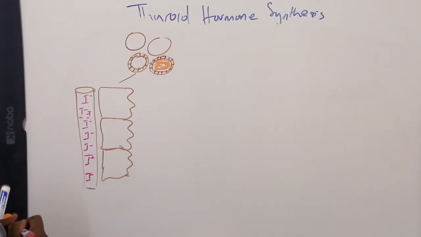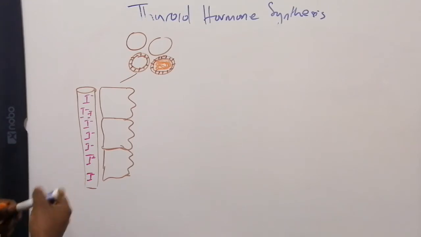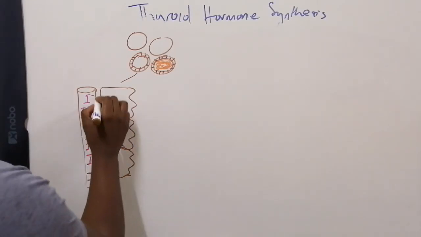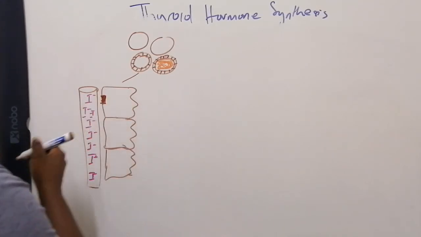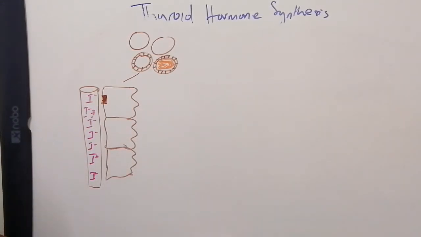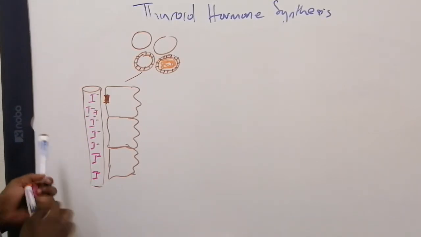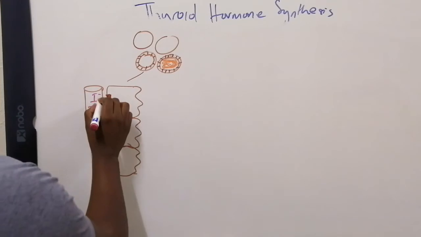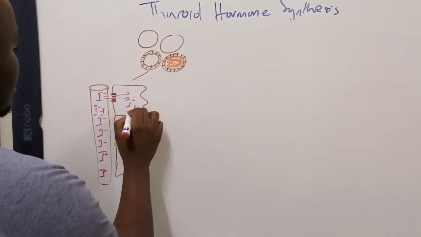The guy that helps us with that is the symporter. The name of the symporter is sodium iodide symporter. This symporter will make it possible for the iodide ions to enter the cell.